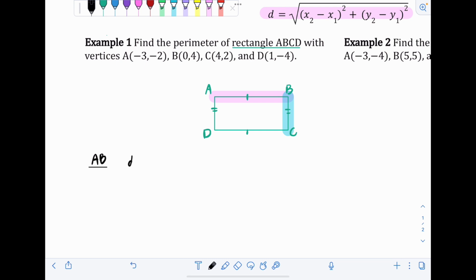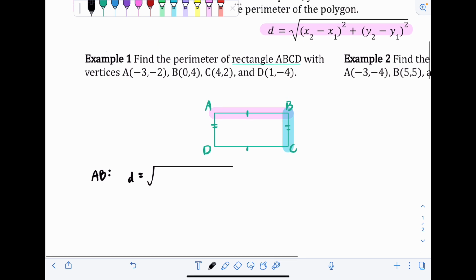So we use the distance formula, which is (x2 minus x1) squared and then (y2 minus y1) squared. If we're doing AB, it doesn't matter which point is your point 1 and which is your point 2. I'll say that A is my point 1 and B is my point 2. So this will be my x1, y1, and this will be my x2, y2.